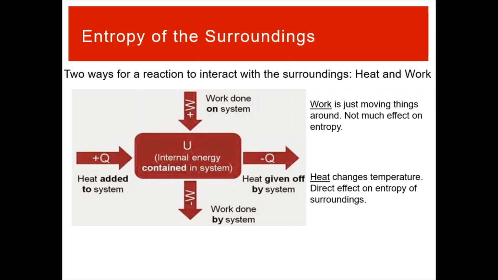Heat, on the other hand, if heat flows in or out of a chemical reaction, it will change the temperature of the surroundings. Say you're doing a chemical reaction in water, that solvent will get hotter or colder, and that will affect the entropy of that water. So heat is the primary way that a chemical reaction affects the entropy of the surroundings.